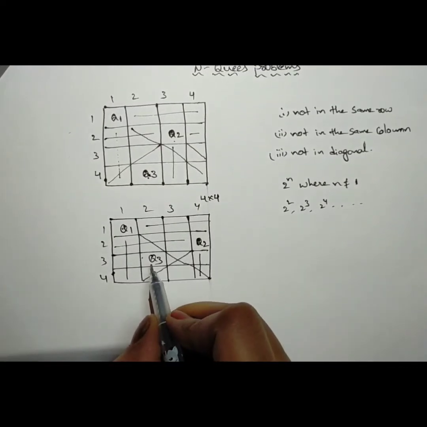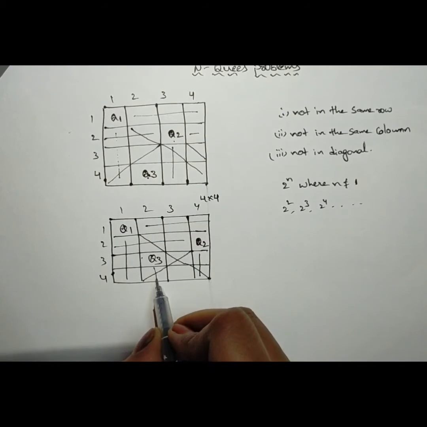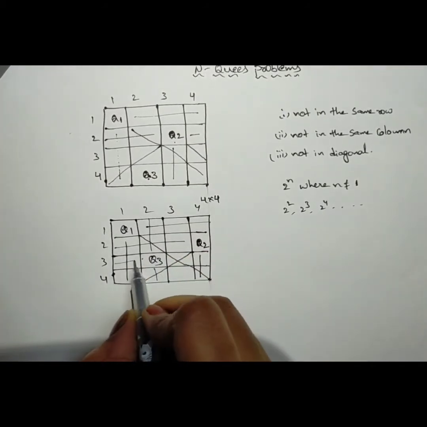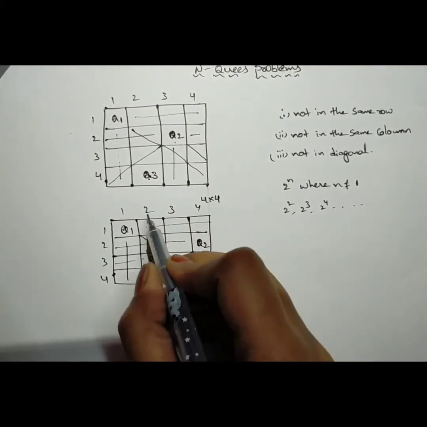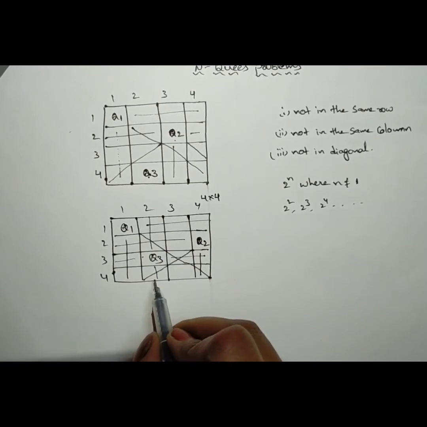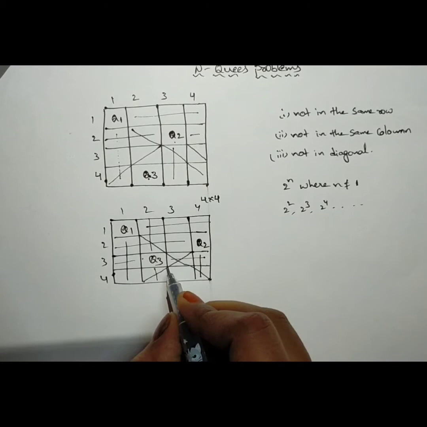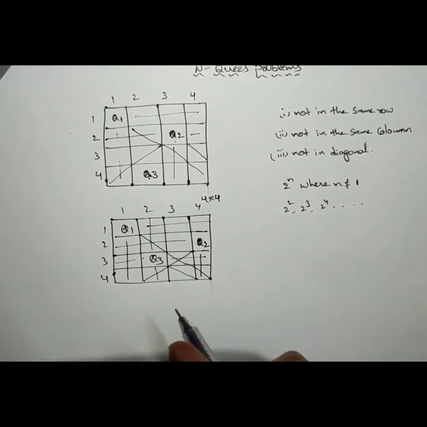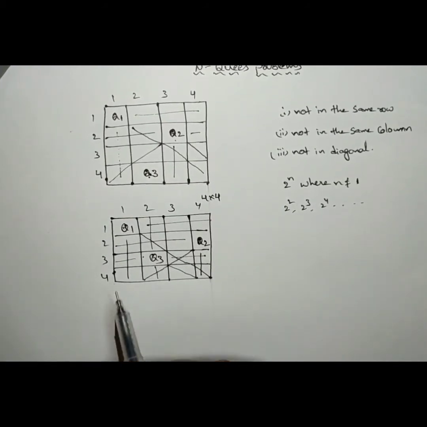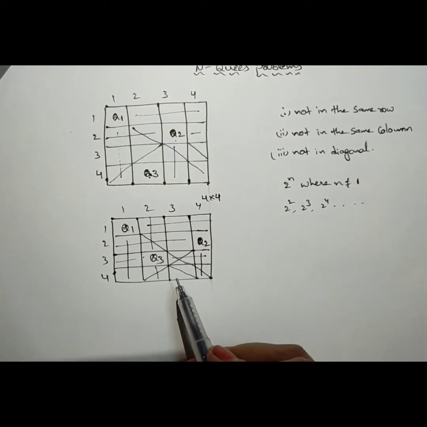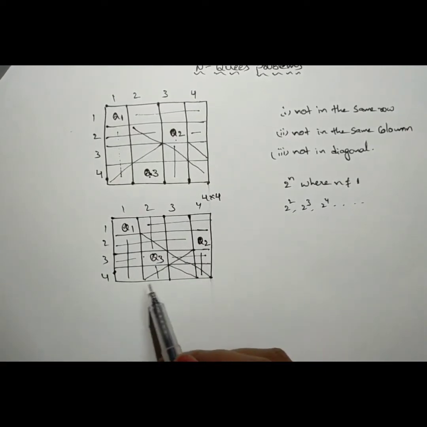As we have placed Q3 in this cell, there is no possibility of placing Q4 in these cells as it is representing the same columns and the same rows and the diagonal ones. Here also we don't get any solution for placing the 4 queens in this tabular form.